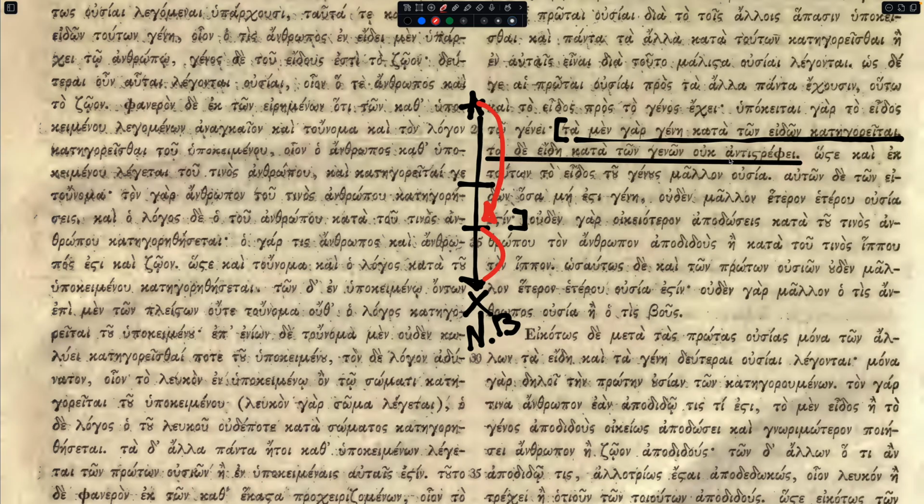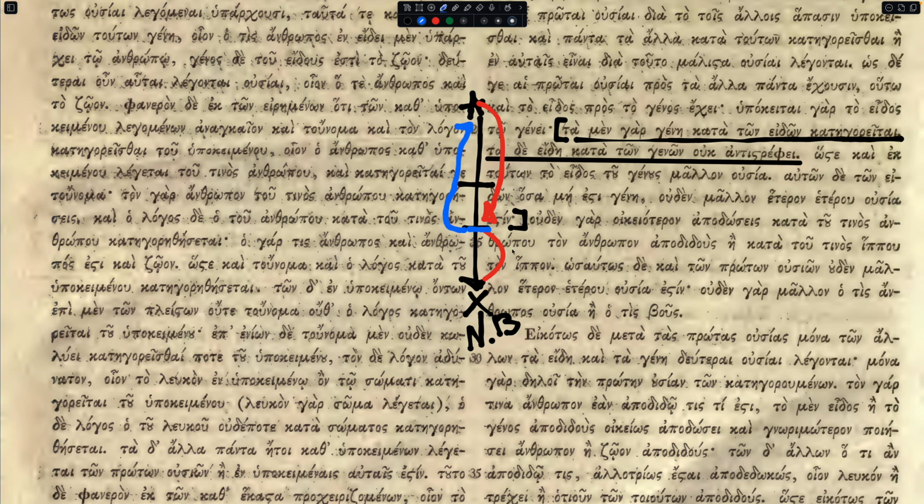Dadeide kataton genon uk antistrefai. It doesn't bear backwards. Ferai is like bearing or carrying, so antistrefai is carrying backwards. If this is the species human, it doesn't go back up to the genus of animal.